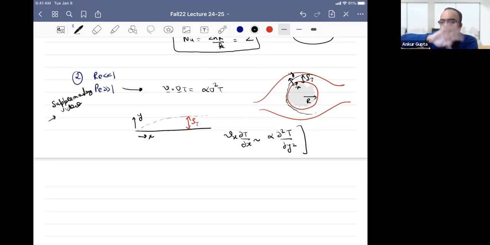We are trying to find an average Nusselt number, not a local Nusselt number. So we'll not have any dependence on X or theta or R or Y or anything, just an average Nusselt number. So what do you think is our delta X? Anybody wants to guess?